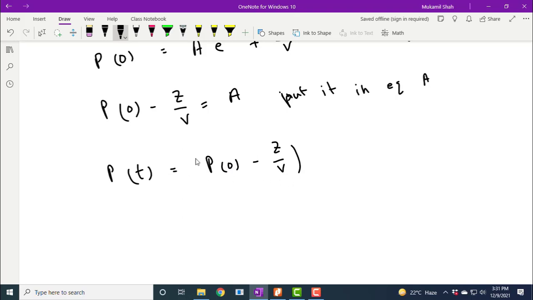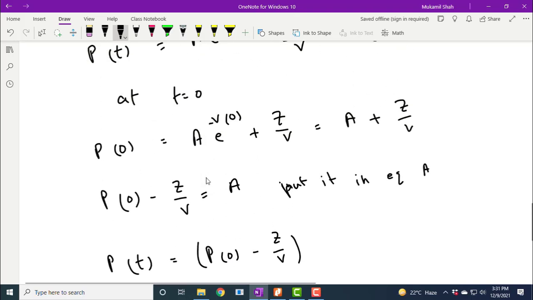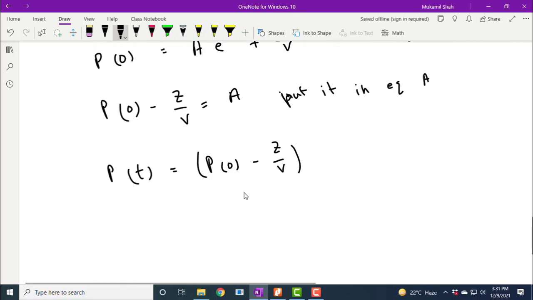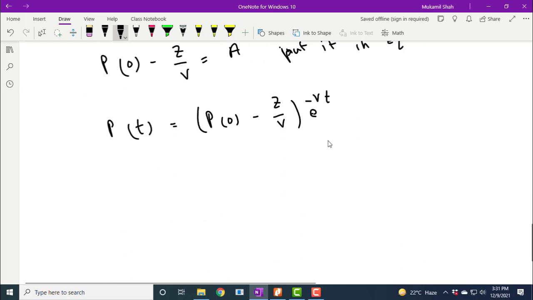This is the value of a we have put for this a. And e raised to power minus vt, and here plus z over v. So we got another equation, but we know the value of z and v, as we know that z and v are equal to this.